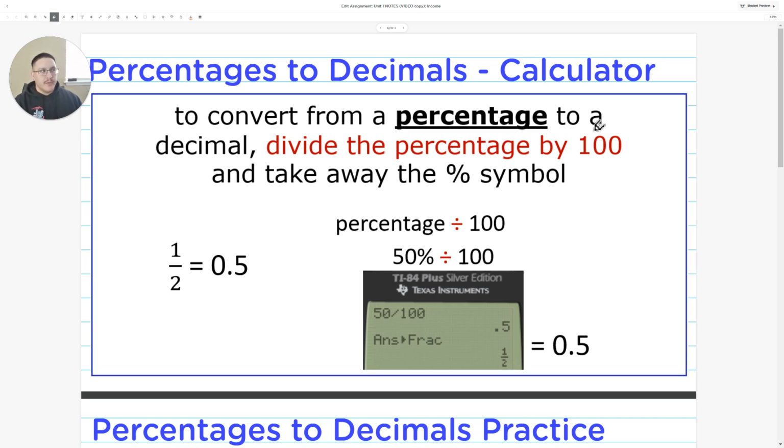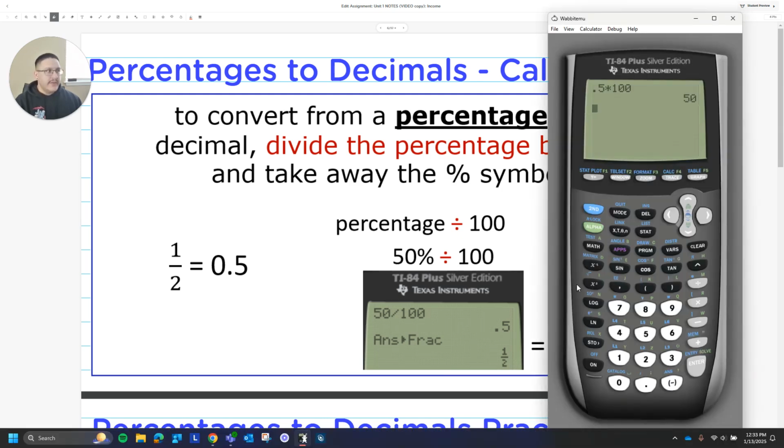So to convert from a percentage to a decimal using the calculator, divide the percentage by 100 and then take away the percentage symbol. We have 50% in this case. Divide that by 100 and we get 0.5, the decimal form. So again, take 50% or whatever percent, divide by 100, and you will change it back to its decimal form.